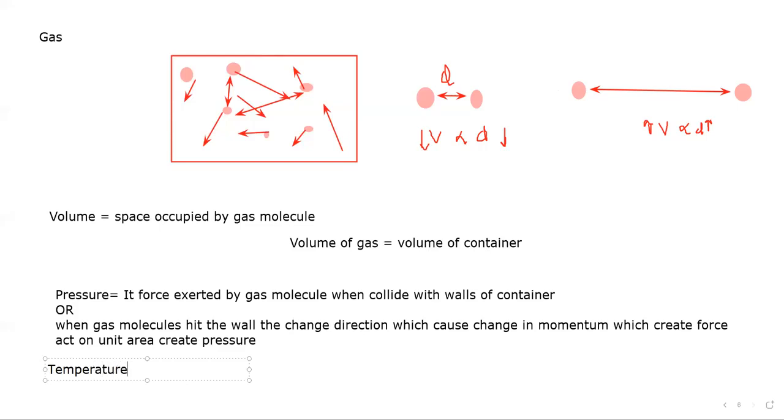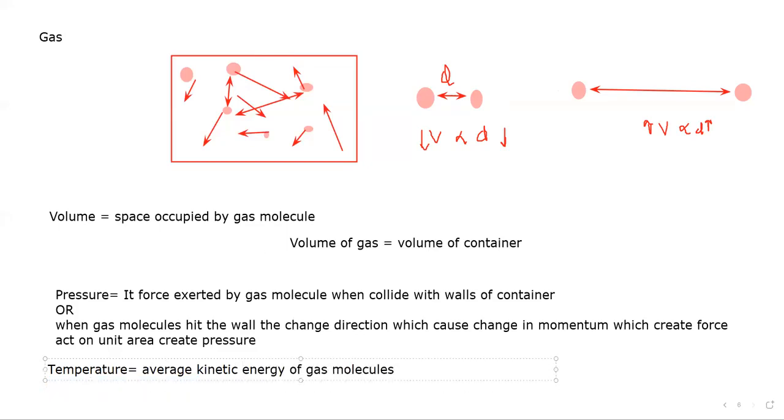What is temperature? Temperature is defined as the average kinetic energy of the gas molecules. So the average of the kinetic energy of the gas molecules, that is what we call temperature.